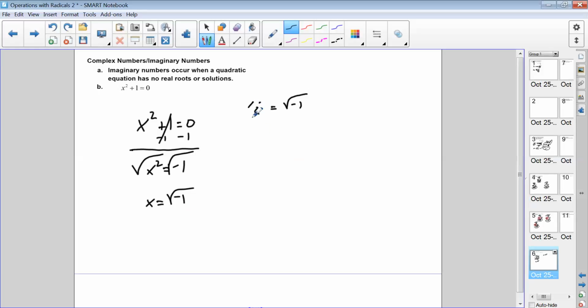And then remember, if I want to square both sides, that would give me i squared, which would be -1. So i is equal to the square root of -1, and i squared is equal to -1.